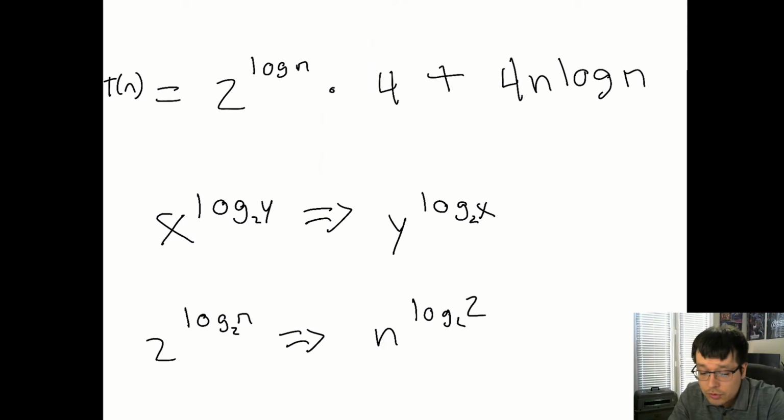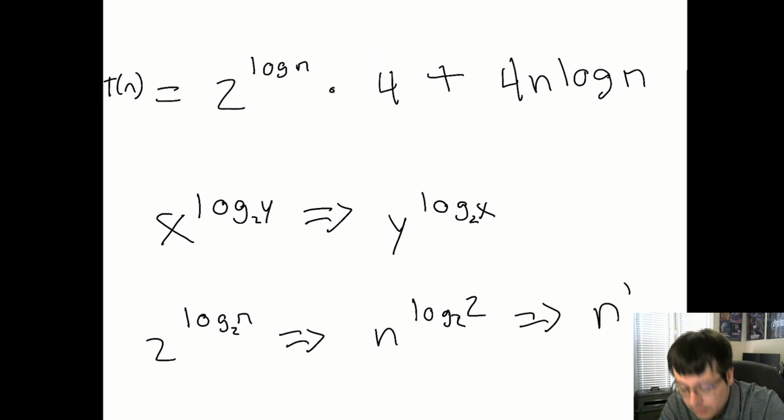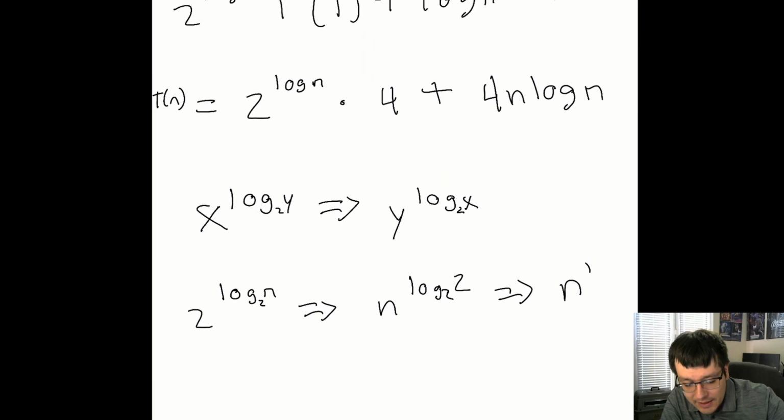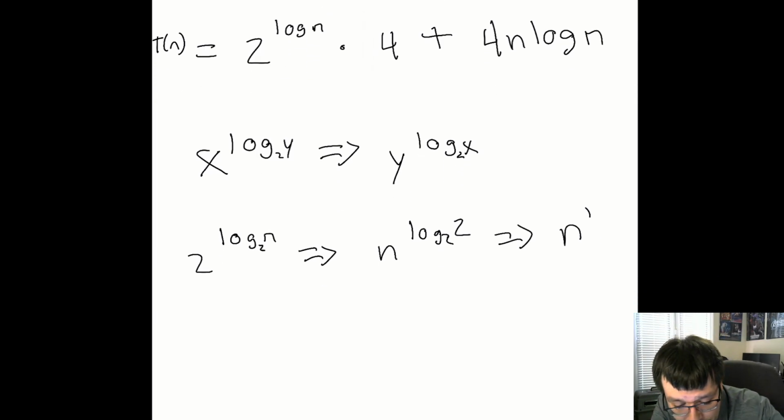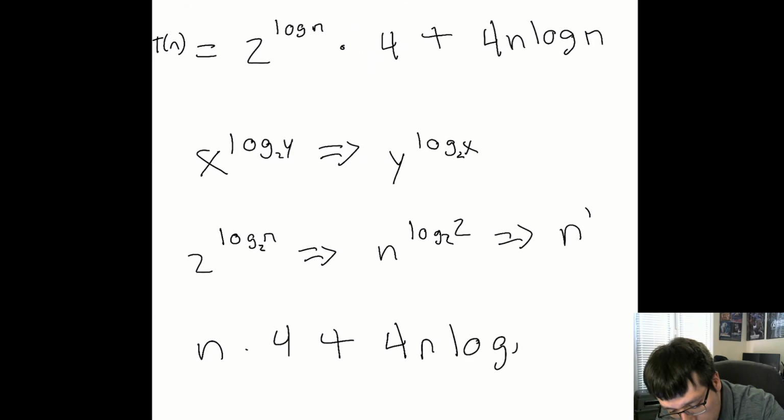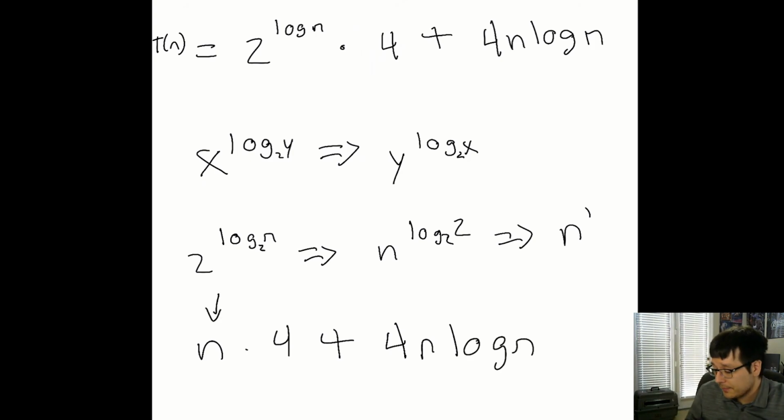And 2 to 2 is just the same thing as 1, right? So this becomes just n to the first power, or just n, right? It's like hacking, basically. You've got to remember your logs to do this kind of weirdness. But if you do that, then you can simplify this even further and say n times 4 plus 4n log n, okay? Because I just flipped that using that rule right there.